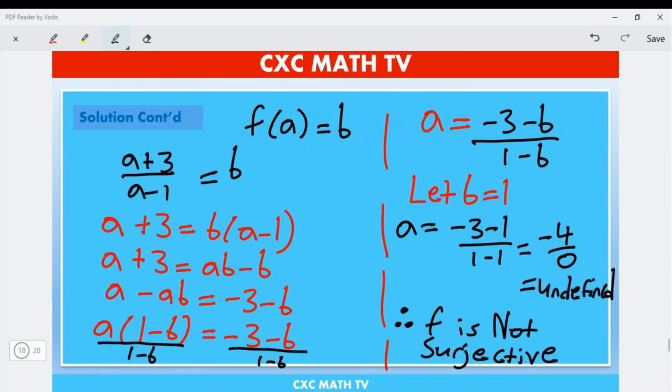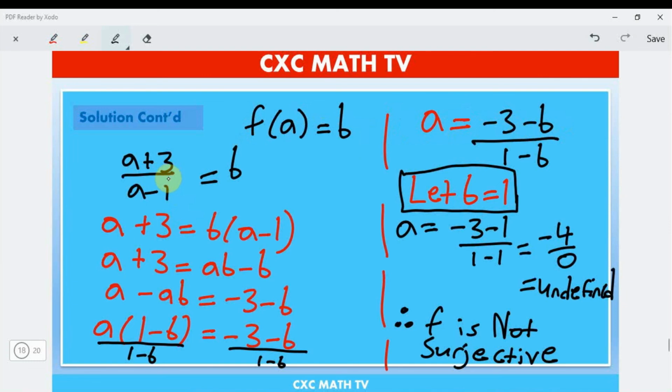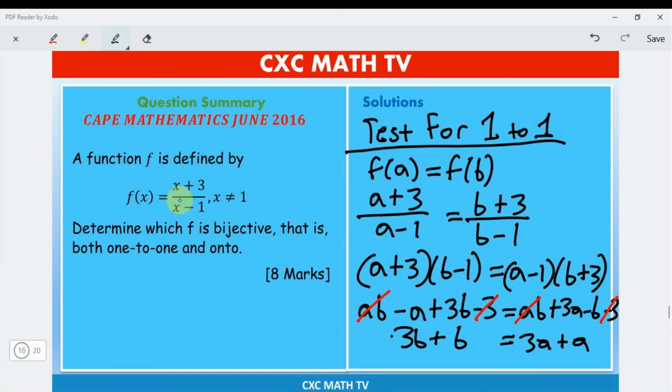Now remember what we said? In order for it to be surjective, all the y values must be mapped to. As we can see, there's no x value that's going to map to a y value of 1. So that is why it is not surjective. Going back to the original function, x plus 3 over x minus 1, if you set that equal to 1, I guarantee you're not going to get any x value.